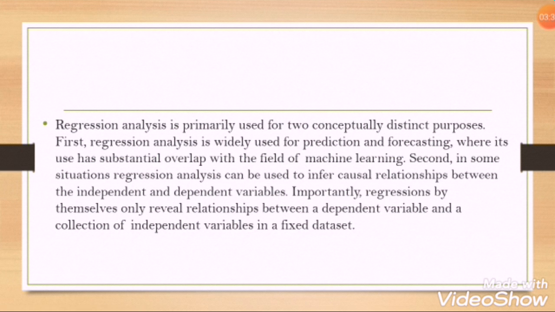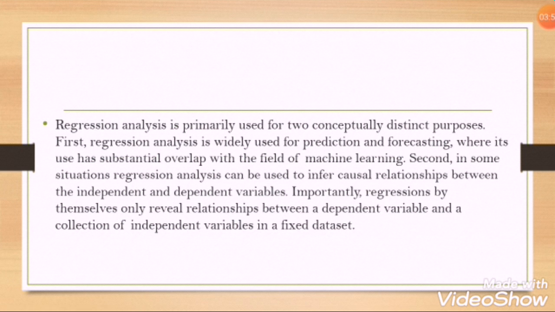Second, in some situations, regression analysis can be used to infer causal relationships between the independent and dependent variables. The independent variables are called predictors, and the dependent variable is the outcome variable.